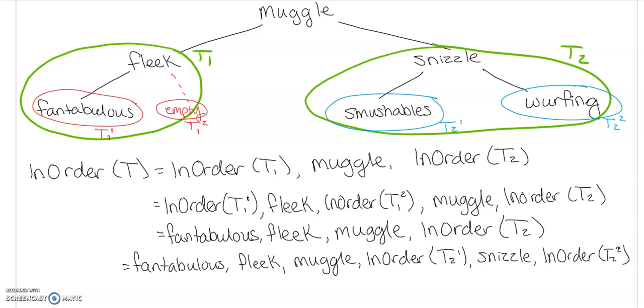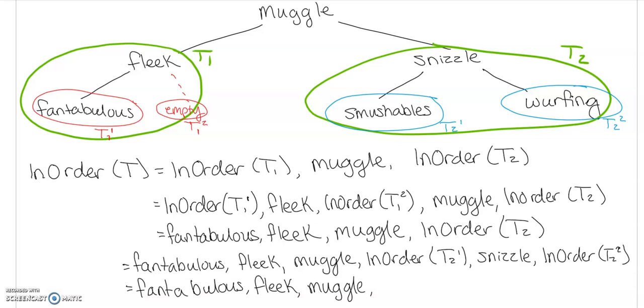The last thing we have to take care of is inorder T21 and inorder T22. Those are base case 2 because they're both single vertices, so they're just going to become that vertex. So we have Fantabulous, Fleek, Muggle.